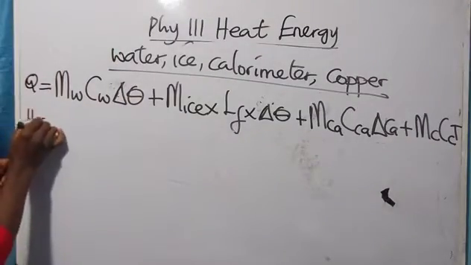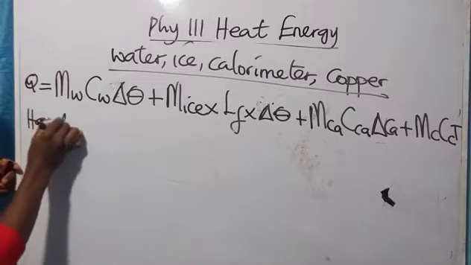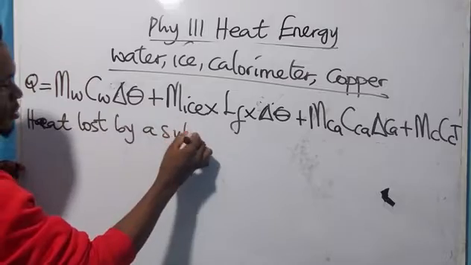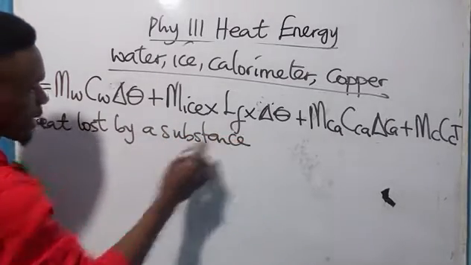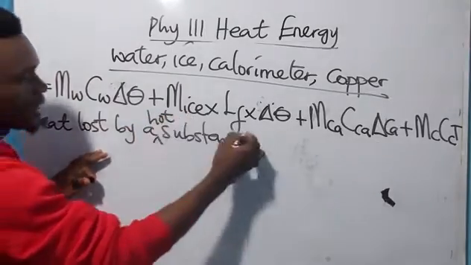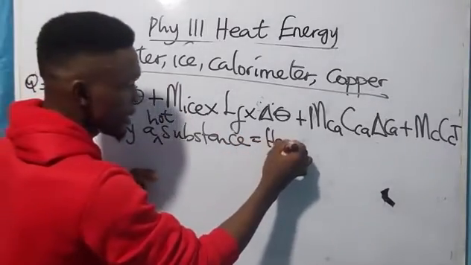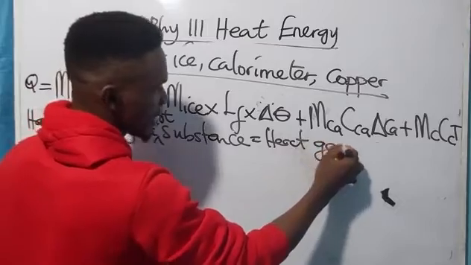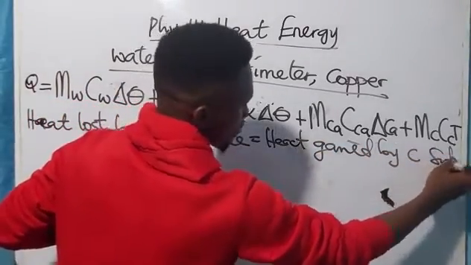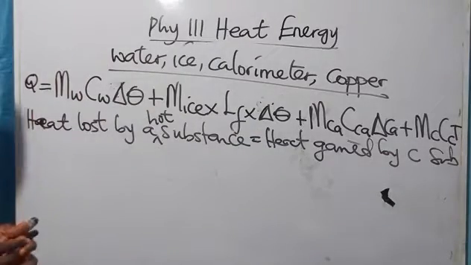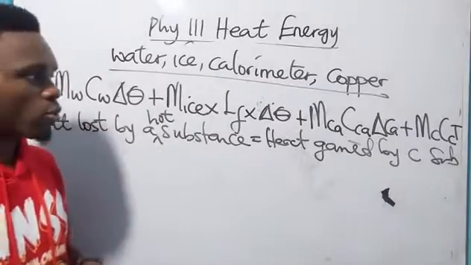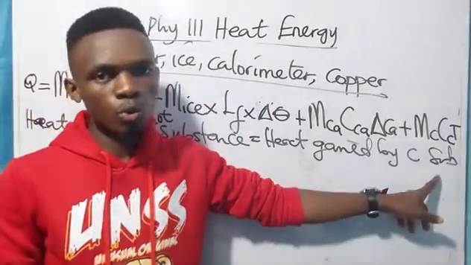That is where you now have the law of calorimetry, which states that the heat lost by a hot substance is equal to the heat gained by the cold substance. So the heat lost by hot water is always equal to the heat gained by the cold water.